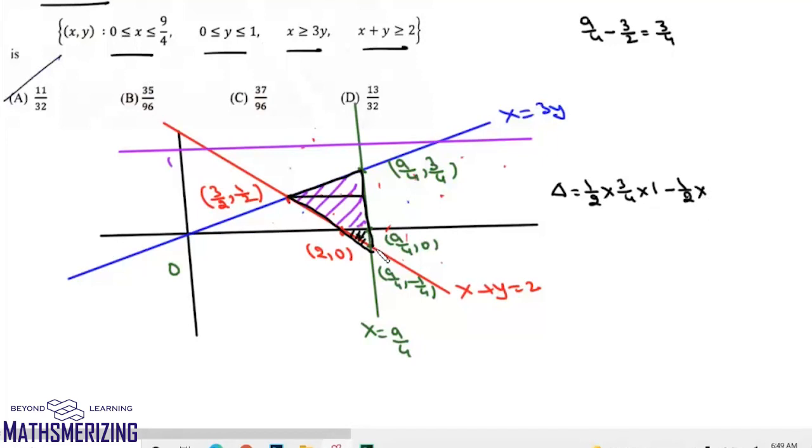The area of the smaller triangle will be 1 by 4 into 1 by 4. So this is 3 by 8 minus 1 by 32. So it will be 12 minus 1, 11 by 32. So the area of this region is 11 by 32, and that's your option A.